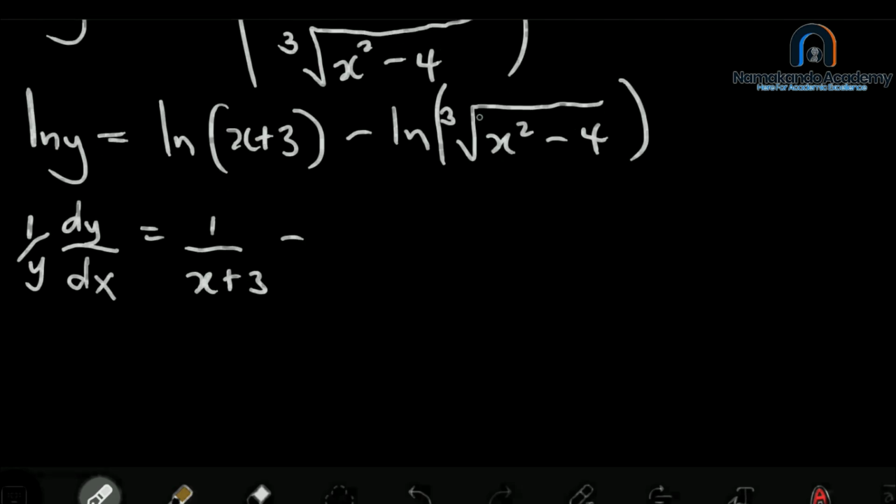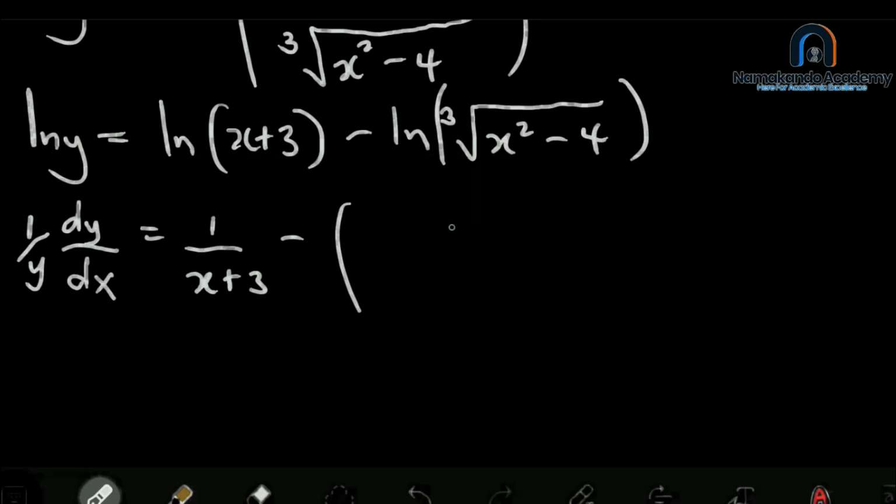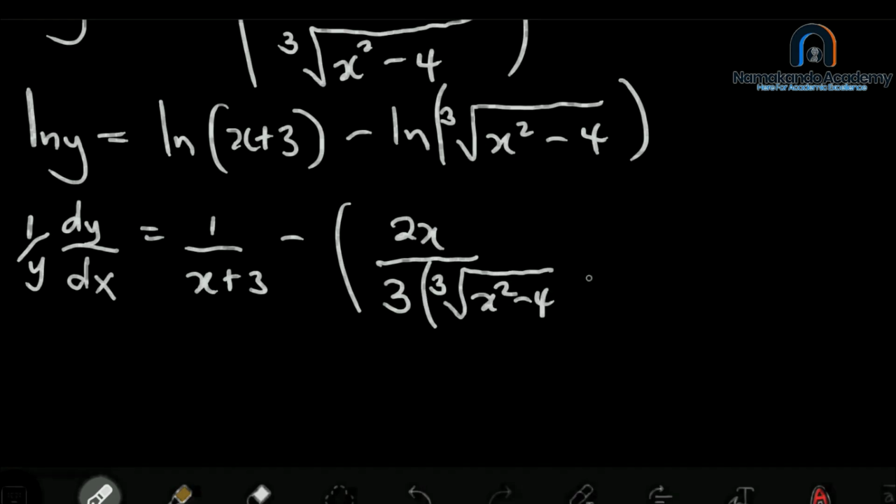For this part we simply use the chain rule. Please refer to our videos on the chain rule to know all the necessary processes required for differentiating this part. Differentiating this one, we get 2x over 3 times the cube root of x squared minus 4, all squared.